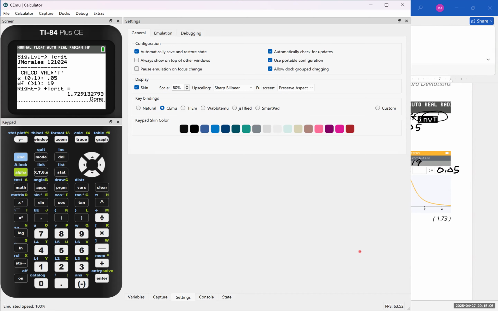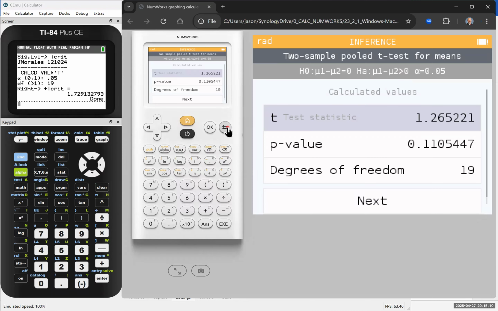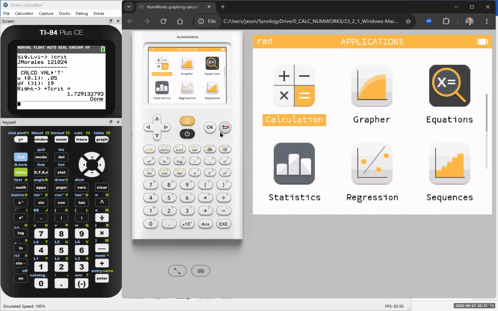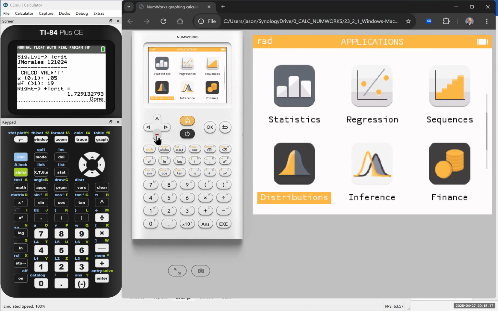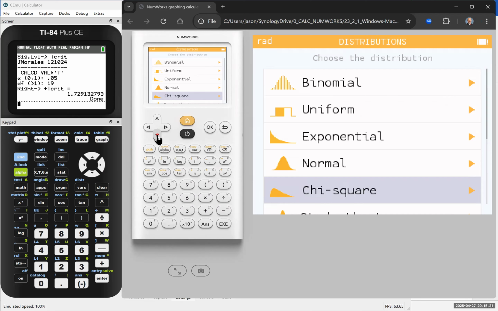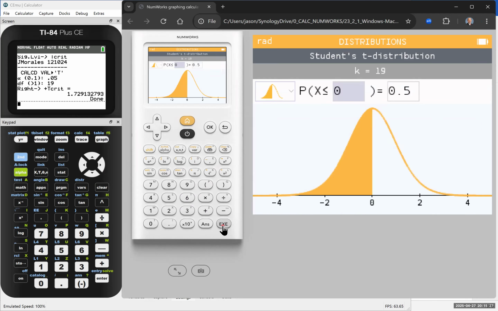Let's look at the numworks calculator. So let's go ahead and back out of this. Okay, now we want to go to the distributions app. We want to go to students T. We want 19 degrees of freedom. We want the area on the right.